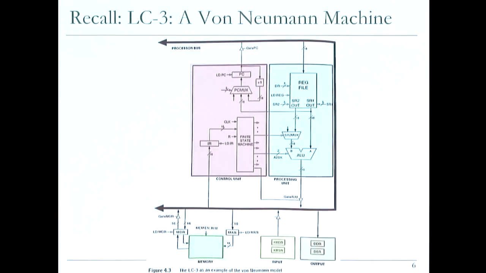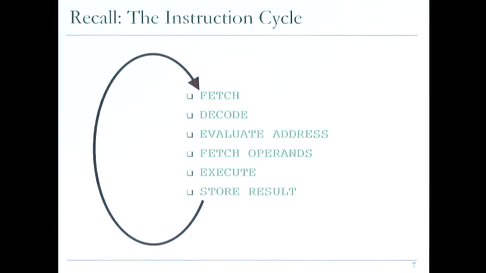Recall that yesterday we explained how the instructions are executed on this data path, and we said that there were 6 possible phases. Not in all cases these 6 phases are executed, but in summary, these are the 6 phases that the instructions have to go through to get executed.